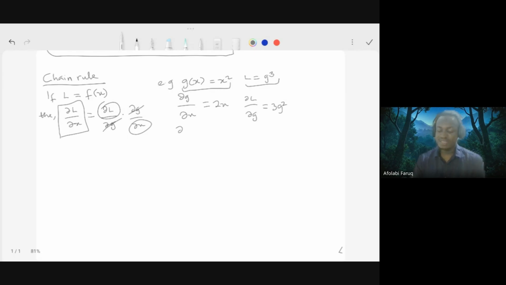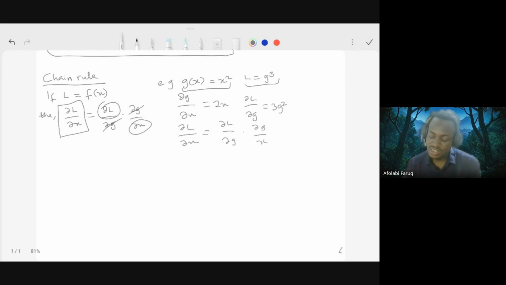Now that we have this, we can say dL/dX equals, don't forget, dL/dG times dG/dX.